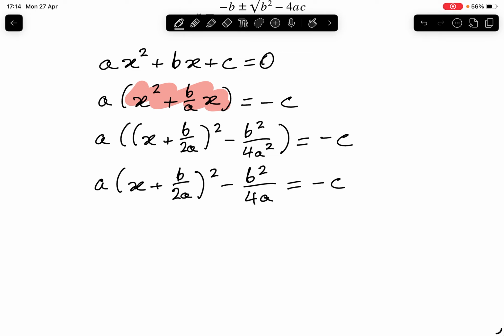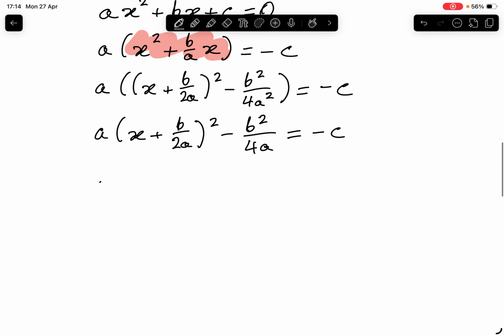Now, let's start rearranging so that we can find x. So, I'm going to add on that term on the end. So, a times x plus b over 2a all squared is equal to b squared over 4a subtract c.